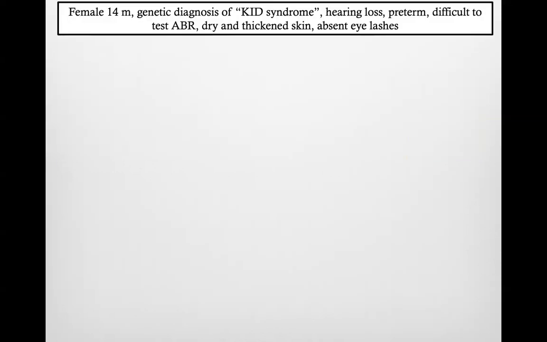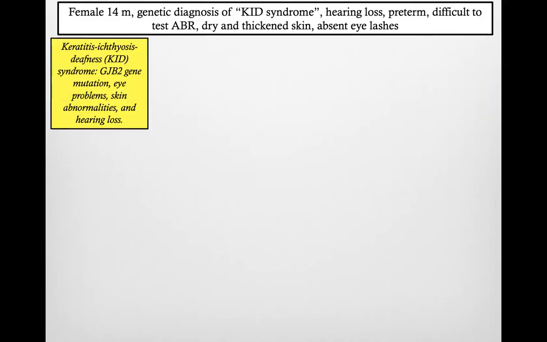Look at this other very interesting patient with KID syndrome. KID syndrome is hearing loss, but also eye problems, skin abnormalities, and is associated with this gene called GJB2. Not important, just to show that sometimes in pediatrics we have such rare cases that we really need to Google it to know all the associated findings, because we may want to look for them.